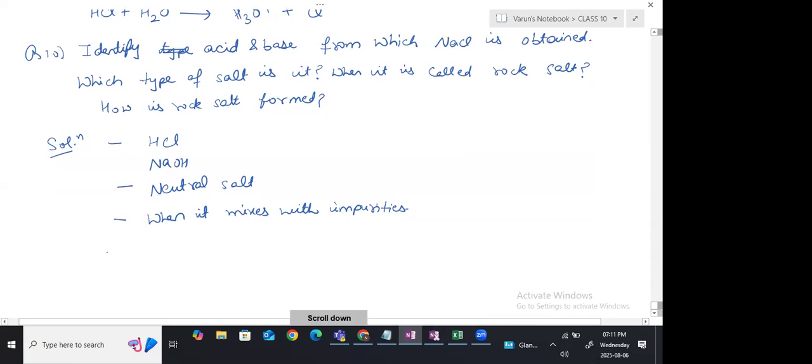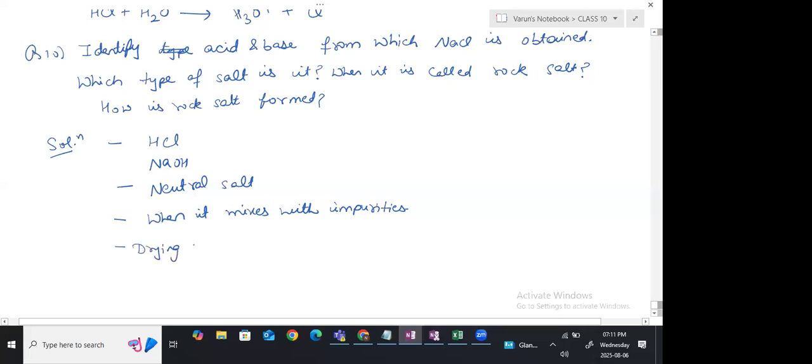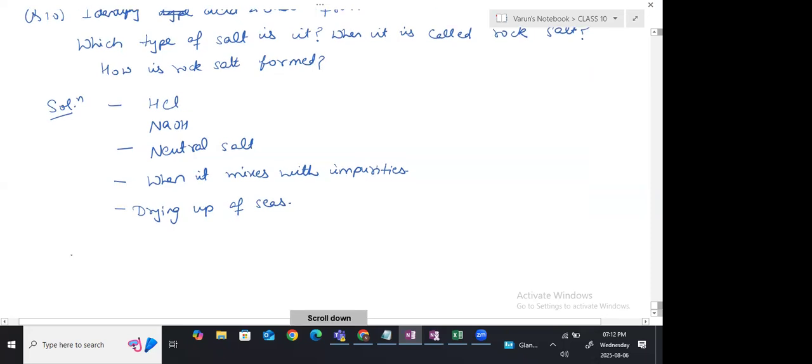How is rock salt formed? From the dead remains of animals and plants in the sea, or the drying up of seas. Is it clear? Yes, ma'am.